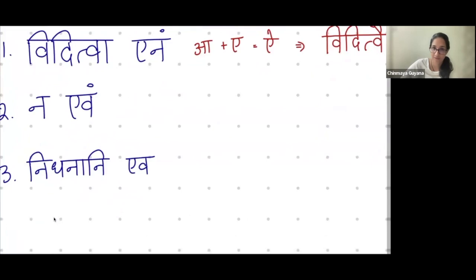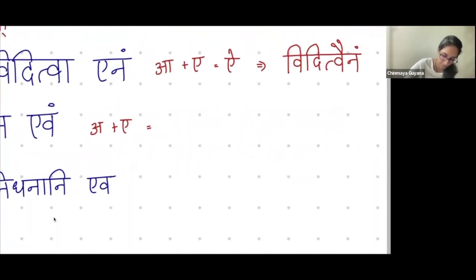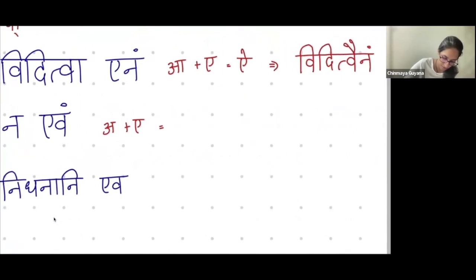Na evam. A plus A equals Venam. Easy. Now these A and A will be easy. A. And everyone knows how to write it also now.